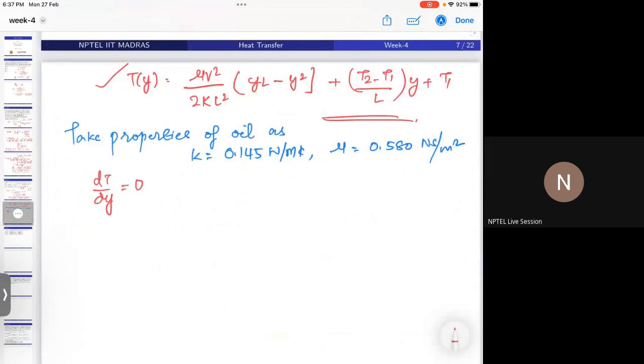L is already given as 0.7 mm, and the mu and K values I have given now. So substitute these values and find the value of y where the maximum temperature happens.